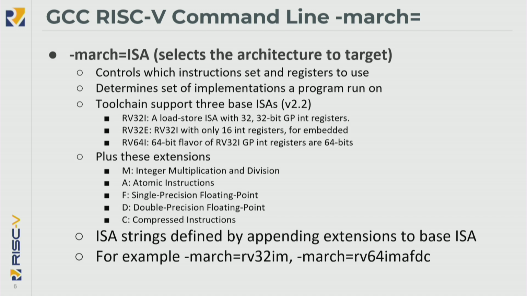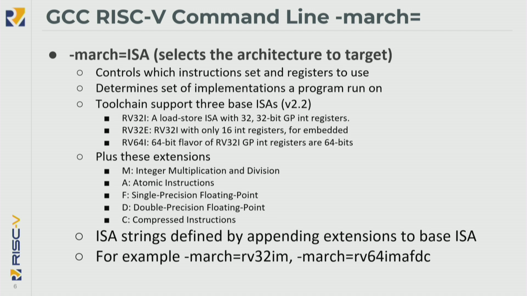There is also another ISA, RV32E, which is more intended for embedded. In that case, it simply provides a subset of the RV32I. There is also RV64, which provides the 64-bit flavor of RV32.